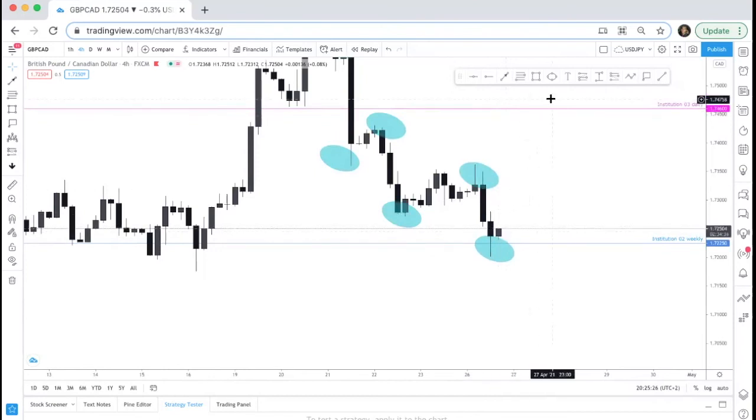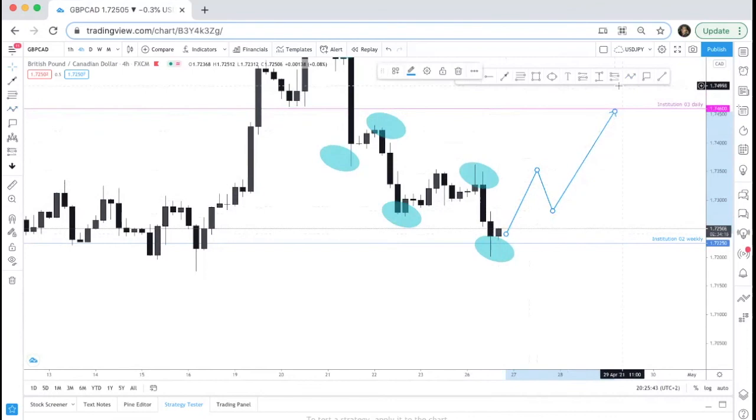However, I'm not looking for any buys just yet. I'd like to see higher highs and higher lows form on the 1-hour chart, something like this. If we can get something like that, a higher high, a higher low right here, I'll be looking for buys to the upside. However, as we can see, we are in a downtrend at the moment.